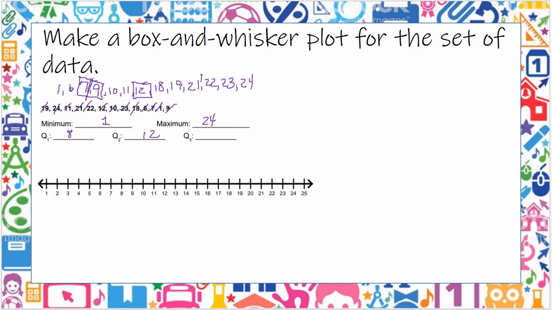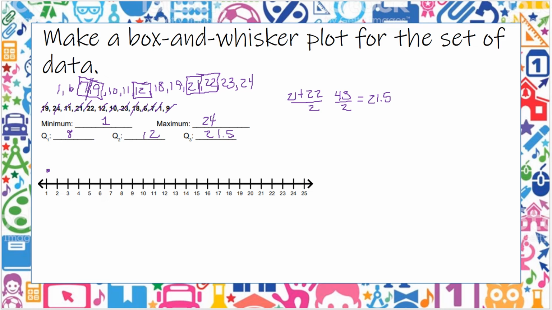Then I've got to find the median here. It is the middle of 21 and 22. 21 plus 22 would be 43, divided by 2 gives me 21 and a half. So now I can plot these points on my number line.